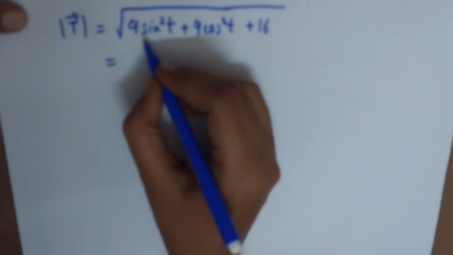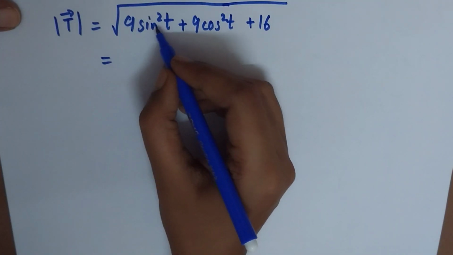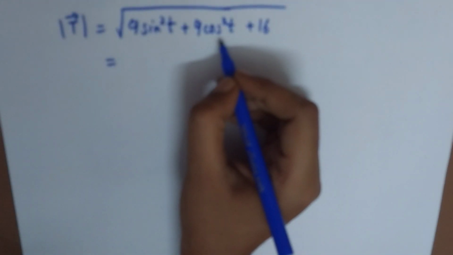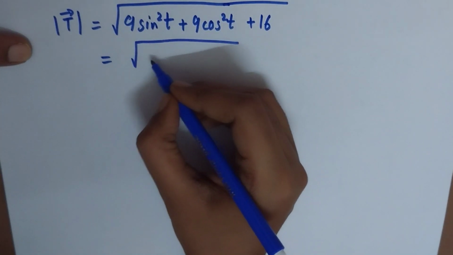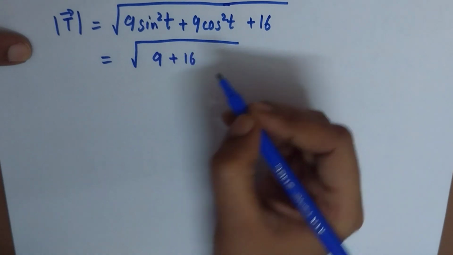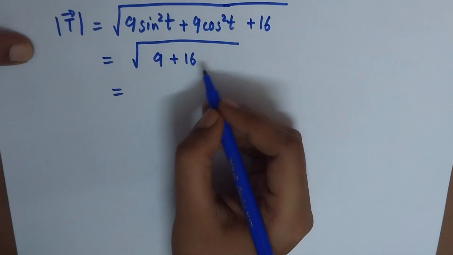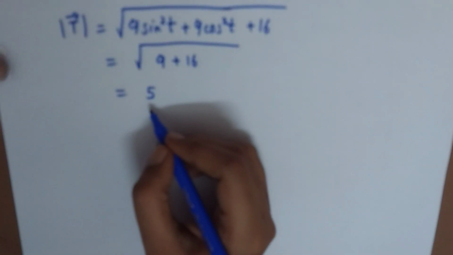Now when you take this 9 common, you will get inside the bracket sin square t plus cos square t, which is 1. So inside the square root you will get 9 plus 16, which is 25. So the square root of 25 is 5. This is the magnitude of the tangent vector.